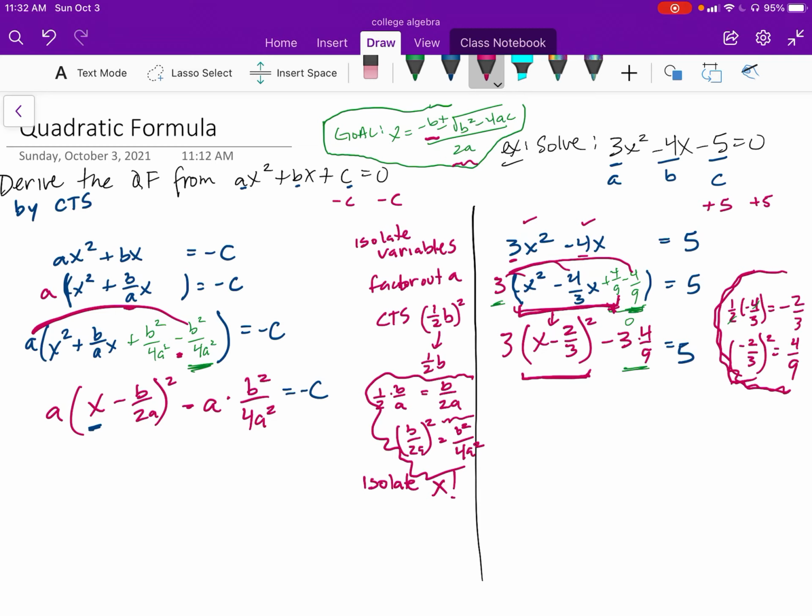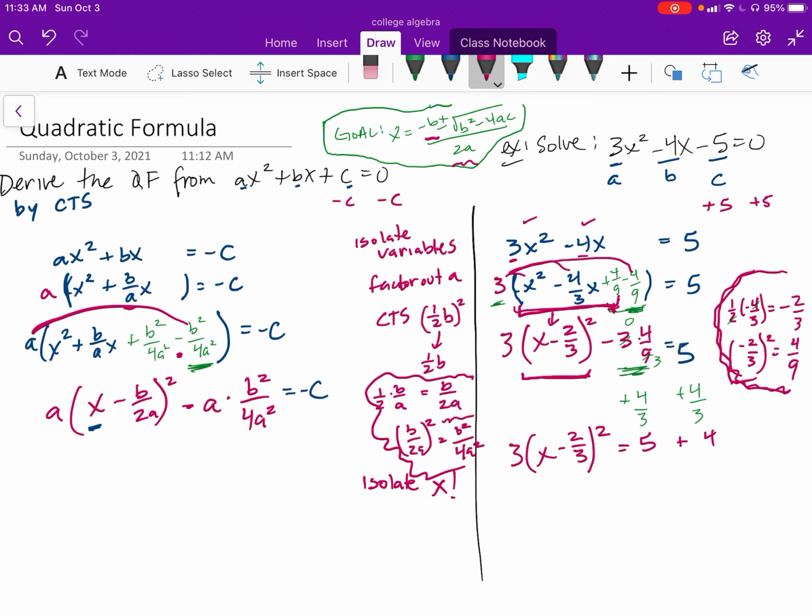So the first thing we would need to do is add this stuff we did in green to the other side. Let's go ahead and simplify it first. So, right, the negative 3 times 4 over 9 would be negative 4/3. So I'm going to add 4/3 to both sides. So we have 3 times (x minus 2/3) squared equals 5 plus 4/3.